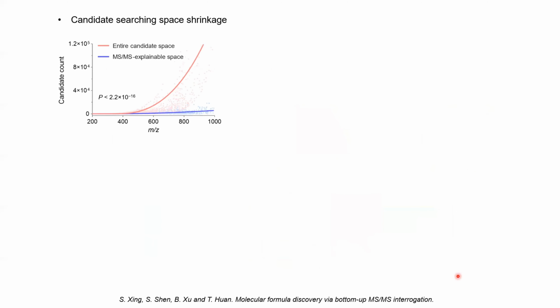To dig deeper, the main advantages of our bottom-up MS2 interrogation are shown here. First, we proposed a bottom-up approach to acquire MS2 explainable candidates. And this allows us to drastically narrow down the search space, reduce computational cost, and improve efficiency.